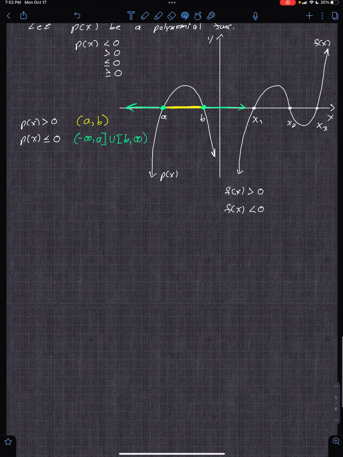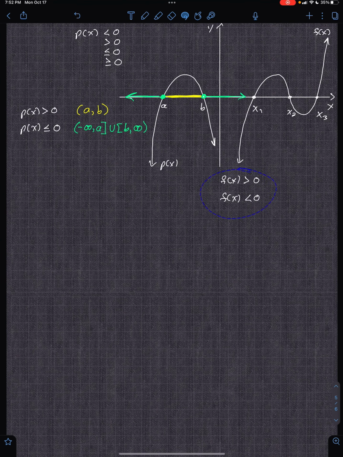All right, so go ahead and try that. Pause the video or whatever. Okay, less than 0, we are below the x-axis, so we're talking about these intervals, to the left and in between. I did that in the wrong order, didn't I? Let's do greater than 0 first.